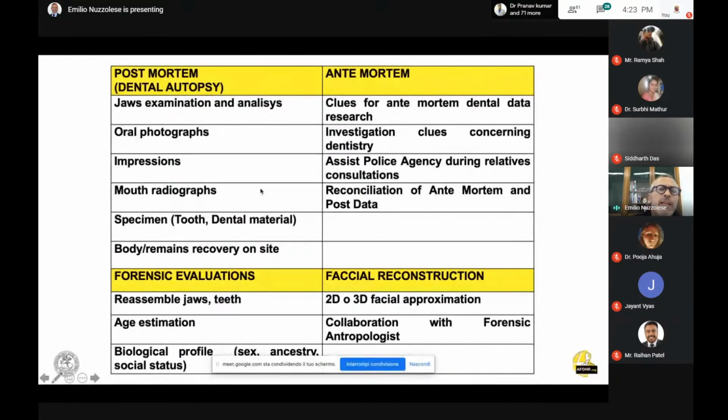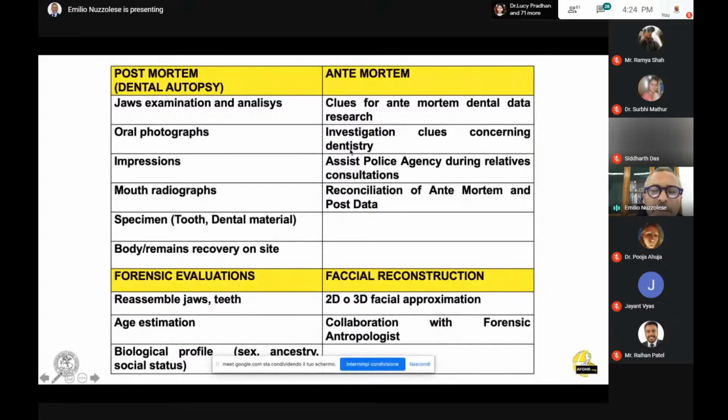But of course, we can also work in the antemortem collection. Not that we are searching for the antemortem data, which is collected by law enforcement and police agencies, but we can help the police officers to look specifically for certain information, and we are fundamental in the translation of the antemortem data.